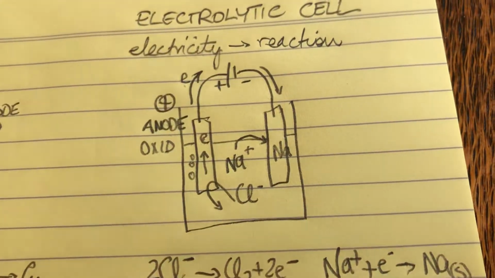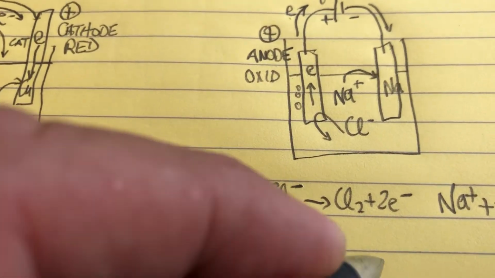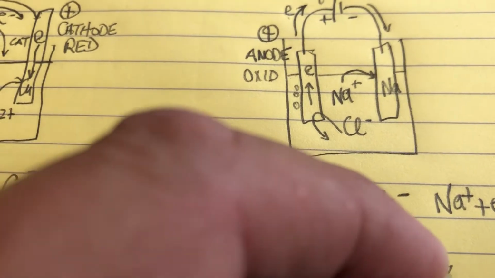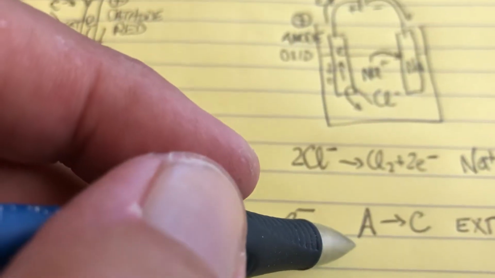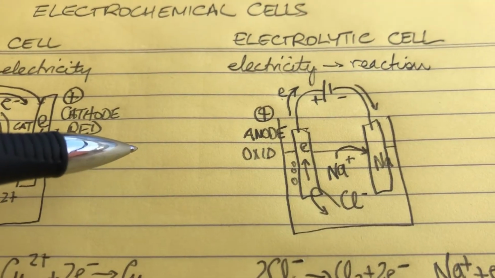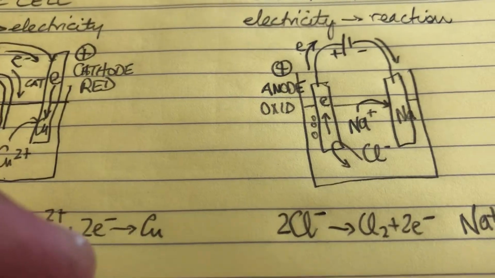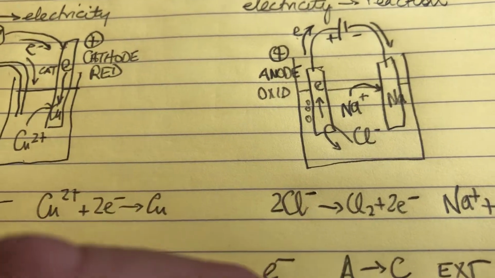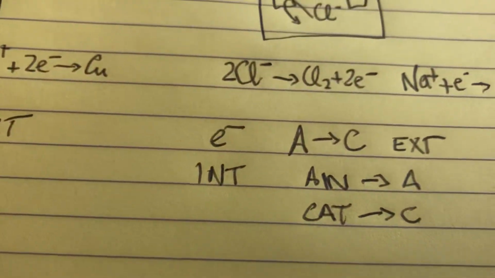Now, in the external circuit, the electrons still go from the anode to the cathode, the same as they did over here, except over here it's the cell that's causing the electrons to go from anode to cathode, not the reaction. And internally, anions, that's the chloride ion, still go to the anode, and cations still go to the cathode.